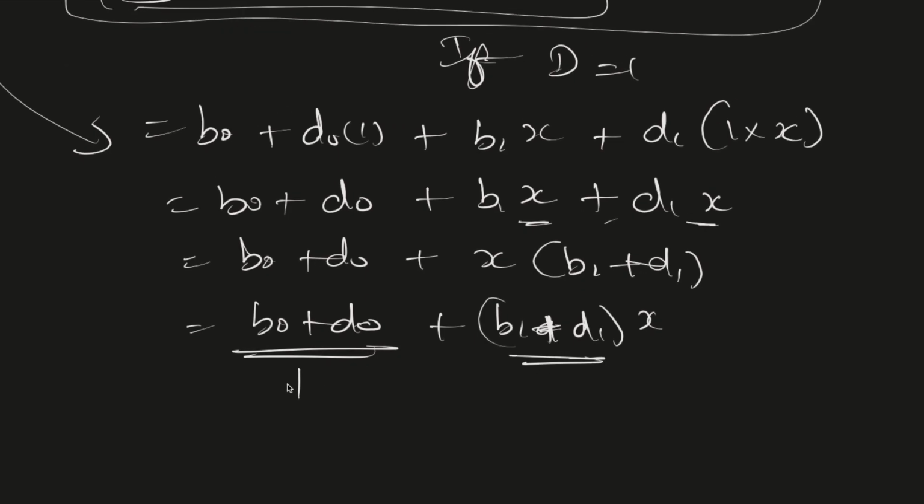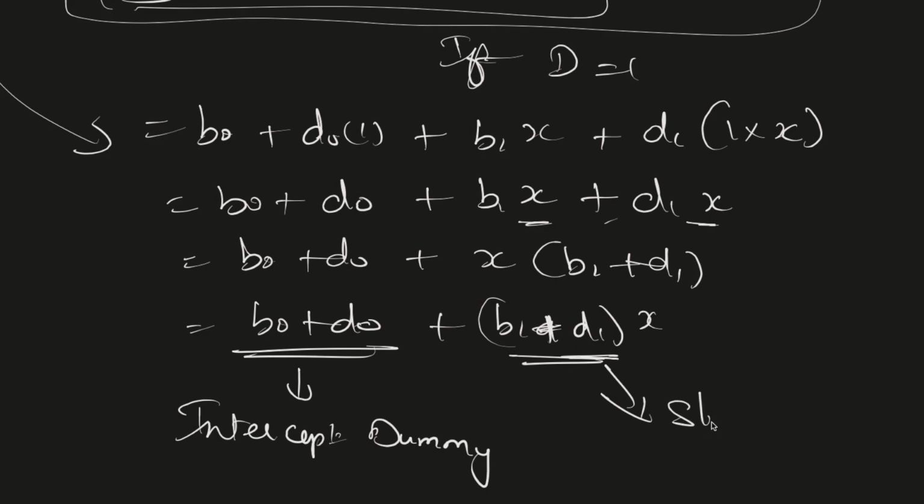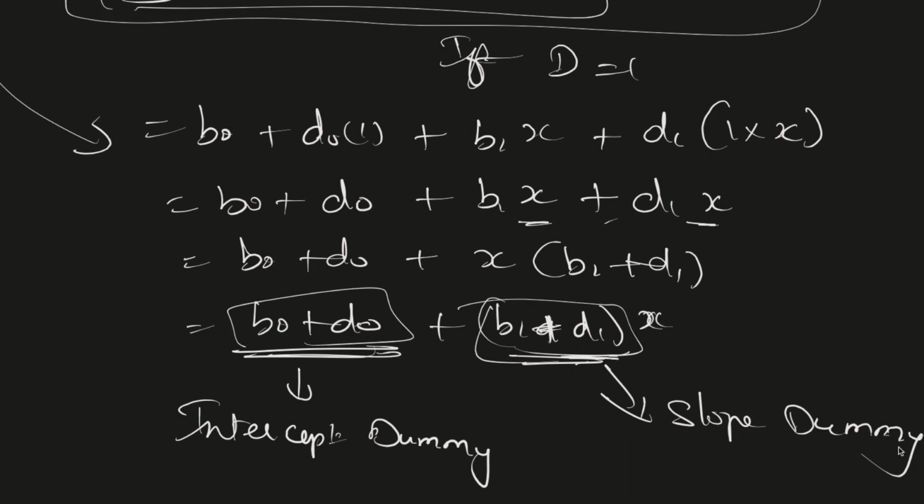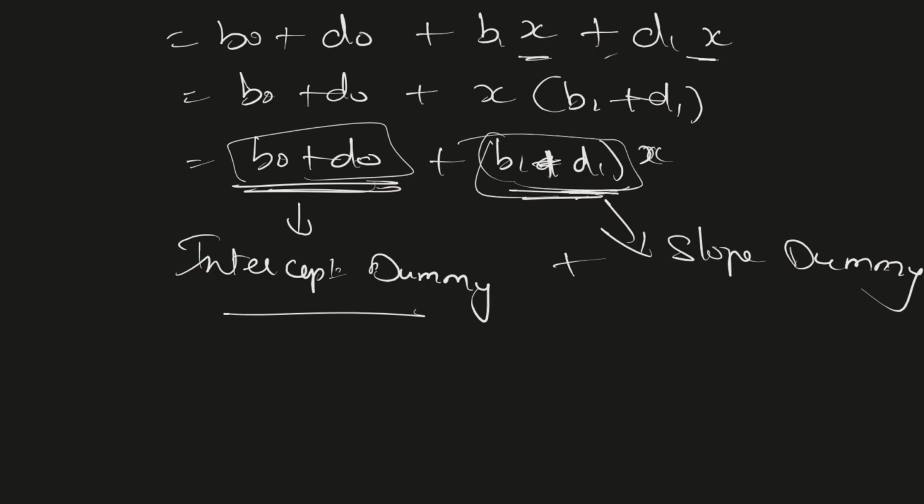This b0 plus d0 is my intercept dummy, whereas b1 plus d1 becomes my slope dummy, wherein the average sales is going up plus the slope coefficient of the x variable is also going up. So this is an example of intercept dummy plus slope dummy.